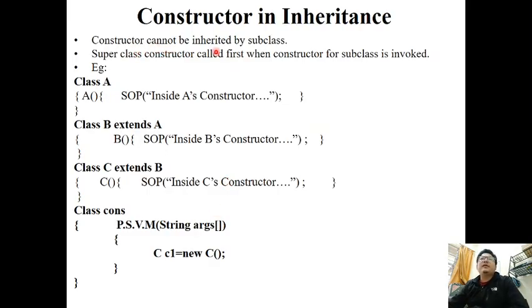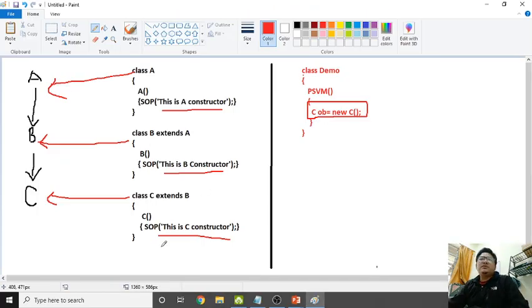Now, the constructor cannot be inherited by the subclass. Superclass constructors are called first whenever a constructor of a subclass is invoked. So whenever you create this, obviously it will invoke this. But you see that C has been derived from B, so the default constructor of B will be invoked.